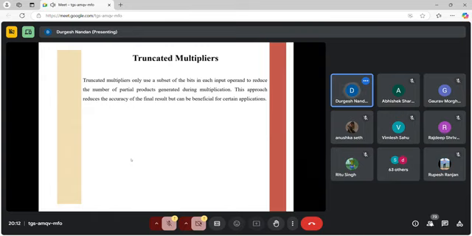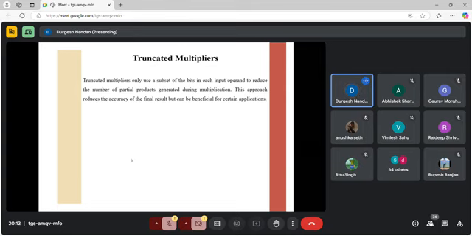Another one is post-truncation. Post-truncation means that when the output comes, we discard the decimal parts. And there is one in between, the mid-truncation, which during the process, according to requirement, we can do. So these are the 3 sub-approaches of truncated multipliers, and it is very effective.